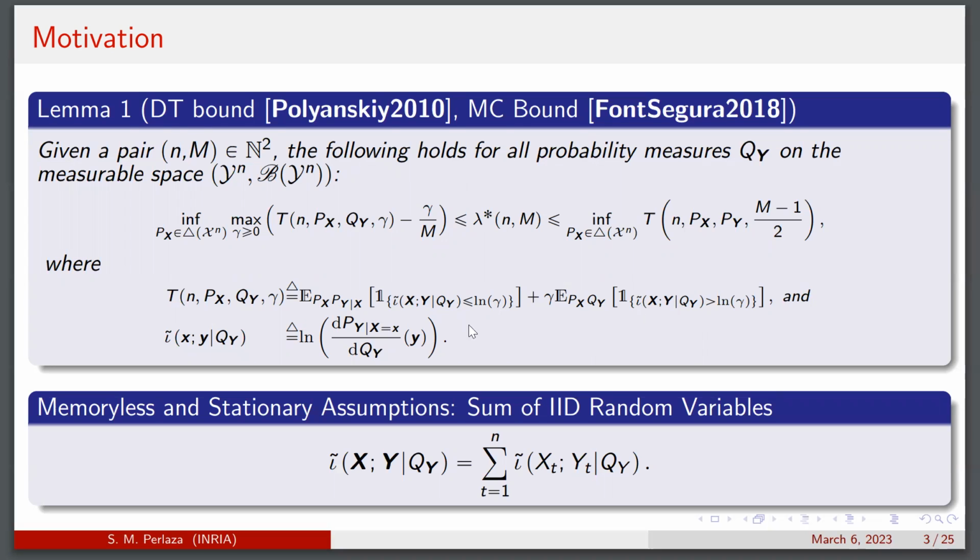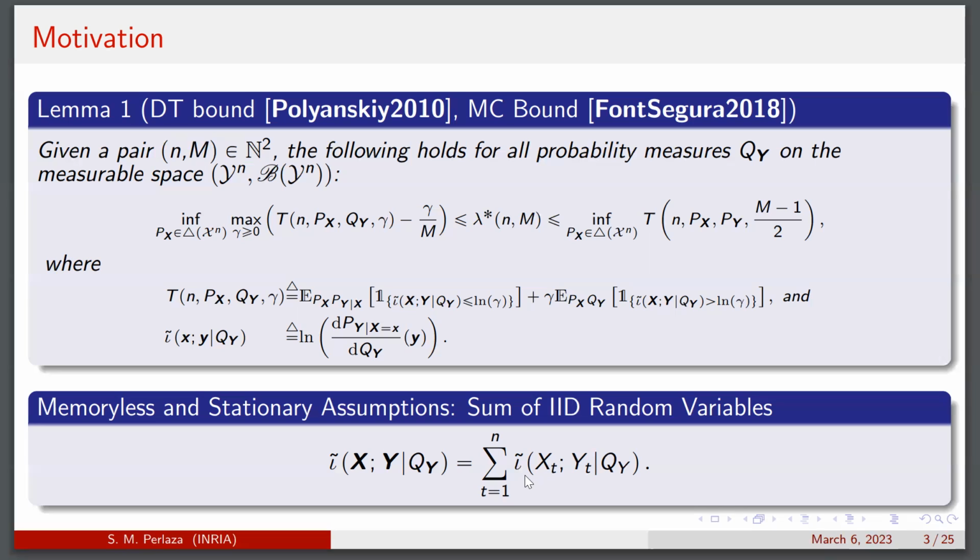Another key point is the fact that those probabilities are given in terms of this function iota tilde, which is the logarithm of a Radon-Nikodym derivative that has the channel therein and a given measure Q that is a parameter of the calculations. There are no more assumptions in the following other than the fact that the channel is going to be a product measure, and under that, iota tilde is the sum of other functions that are IID random variables.